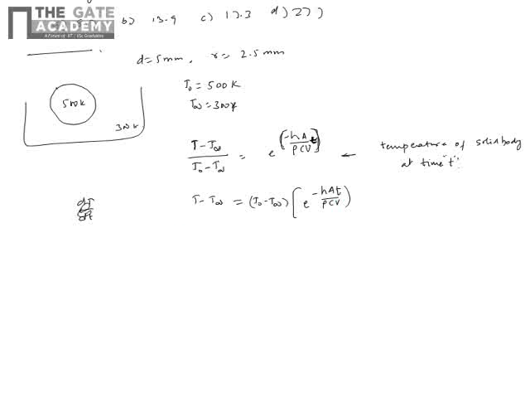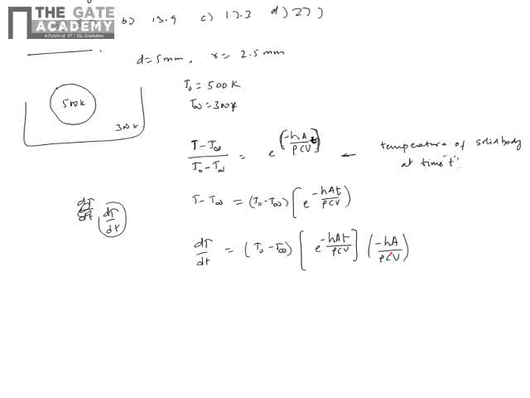Okay, so now I want dT by dt. This is what I want. So when I differentiate this with time, I'll get on the left hand side dT by dt, and T naught minus T infinity times exponential of minus hAt by rho CV into minus hA by rho CV.